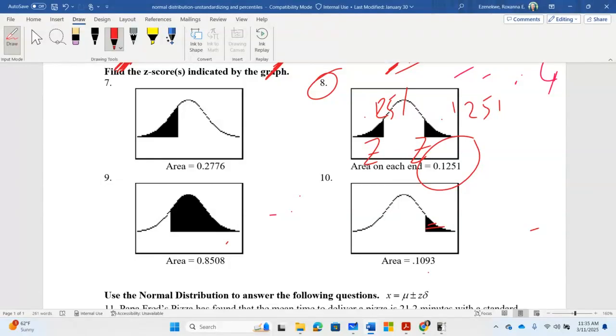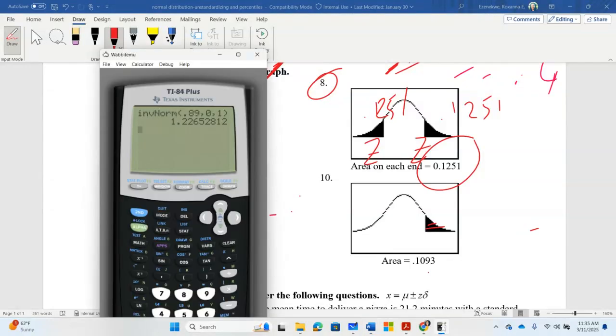I know that the normal curve is symmetrical. The area to the right is 0.1251. I just need to find one z-score, the area to the left. Let me do that, and when I get that, I will switch it around. Okay, so second distribution, number 3.